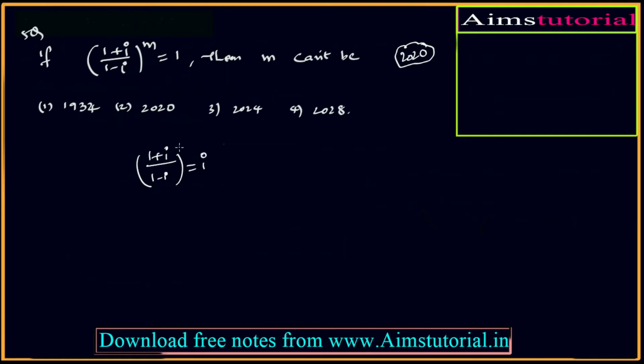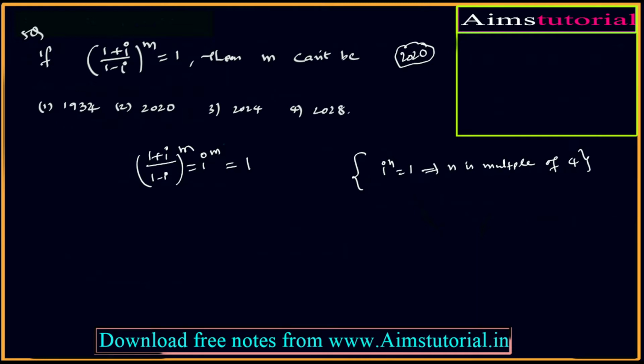If you apply power m on both sides, it becomes I power m equals 1. We know that I power n equals 1 means n is a multiple of 4, so check the options whether they are multiples of 4 or not.